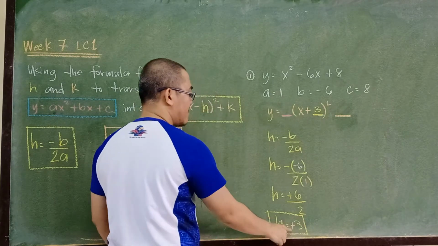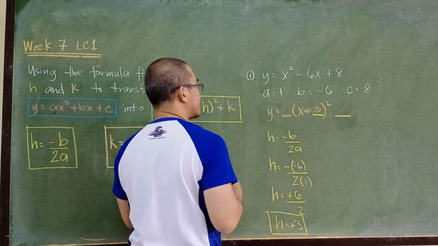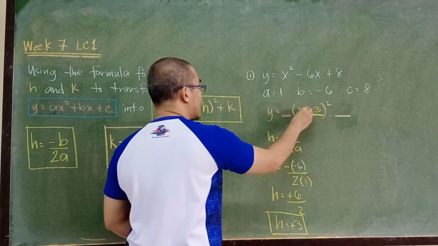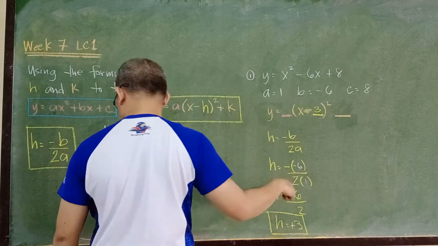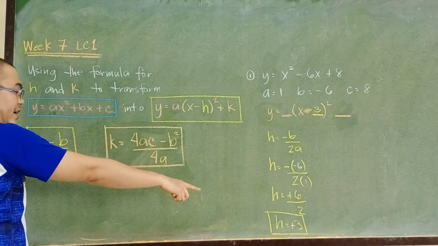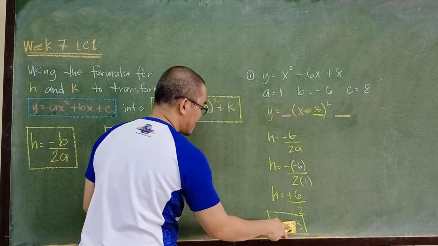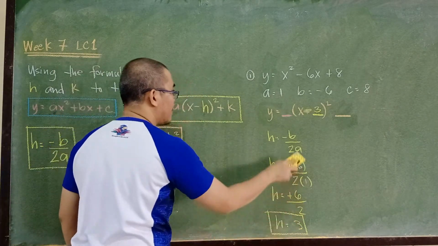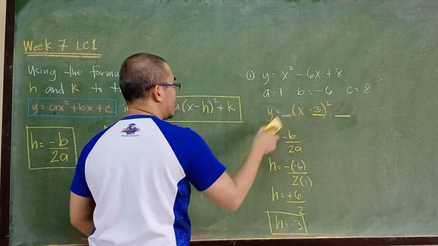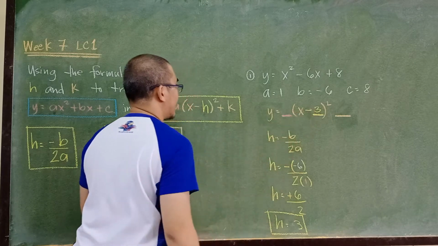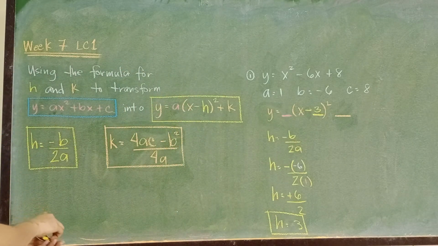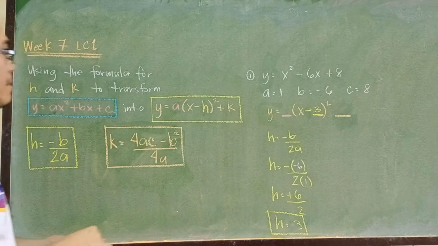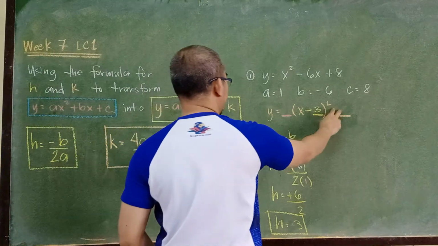Kung positive yan, dito magiging negative. So in this case, yung value ng h natin is positive, so therefore, yung value ng h natin dito will be negative. So this is h.